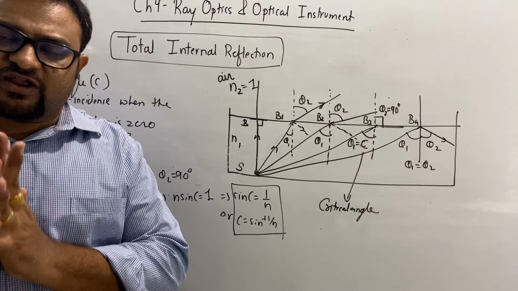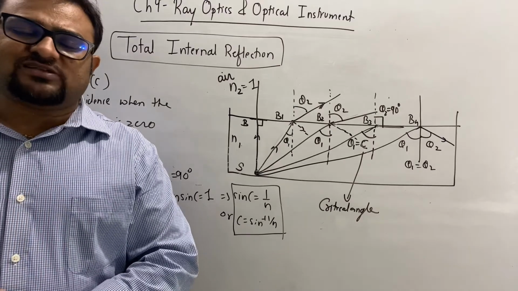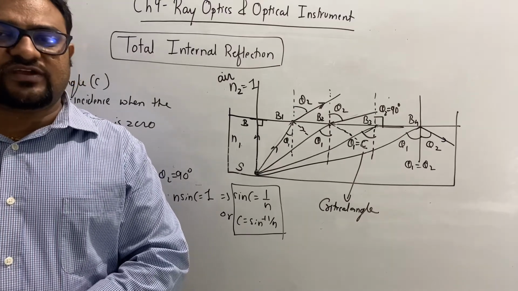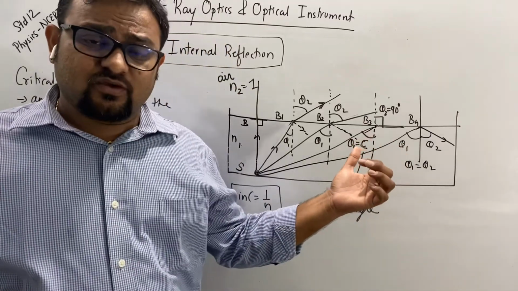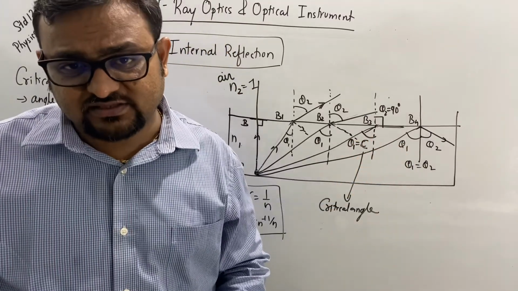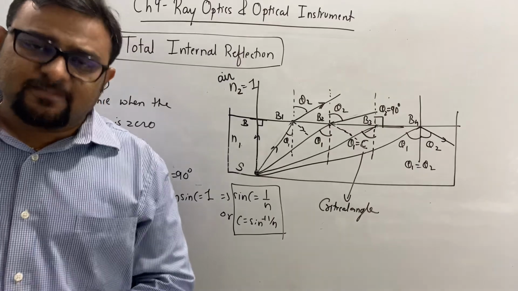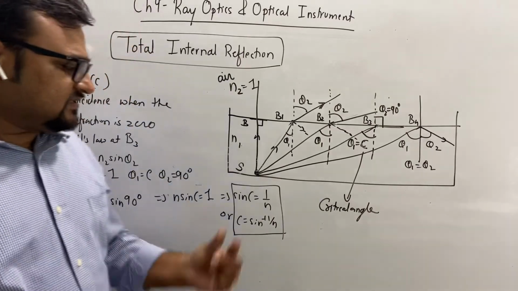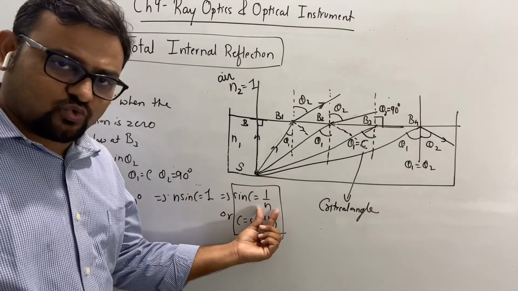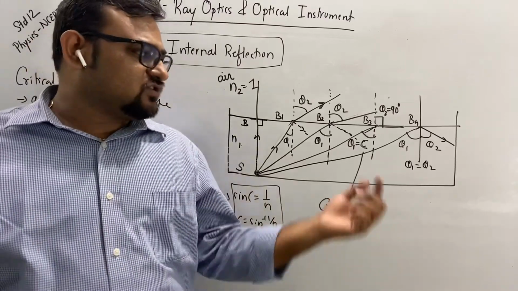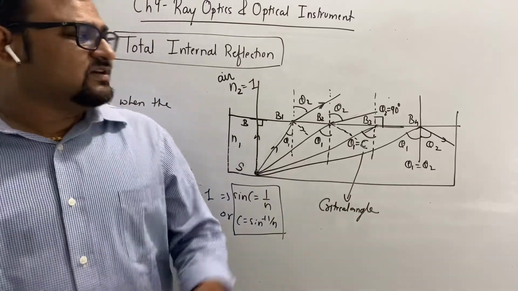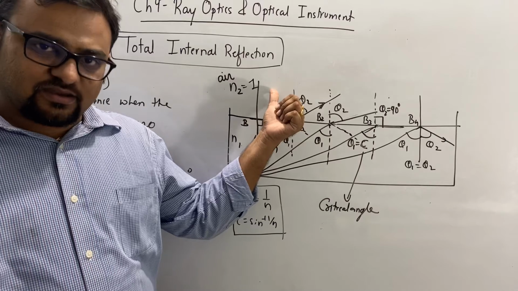So to find out critical angle, take the formula sine C equal to the reciprocal of the refractive index. Sometimes critical angle may be given and you have to find out the refractive index. Like if the critical angle is 30 degree, then sine 30 is equal to 1 by 2, right? So n will be equal to 2, so the refractive index of the medium will be 2 with respect to air.